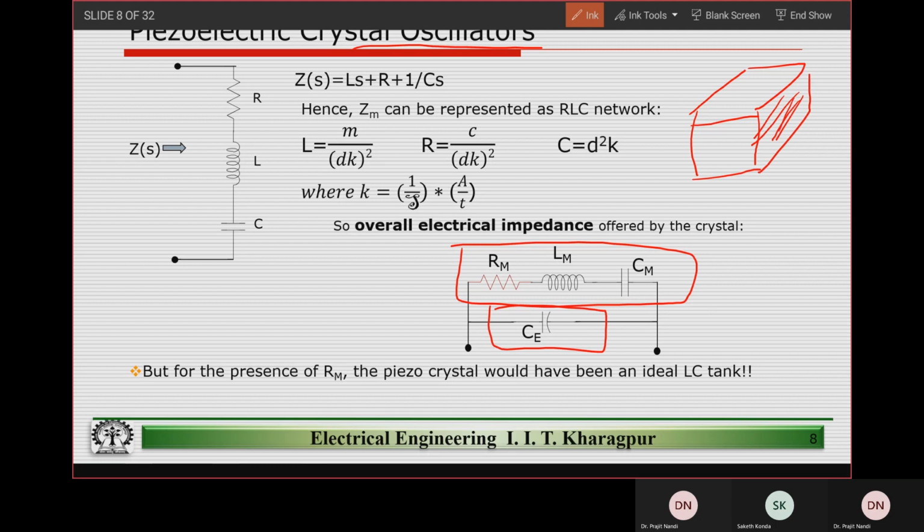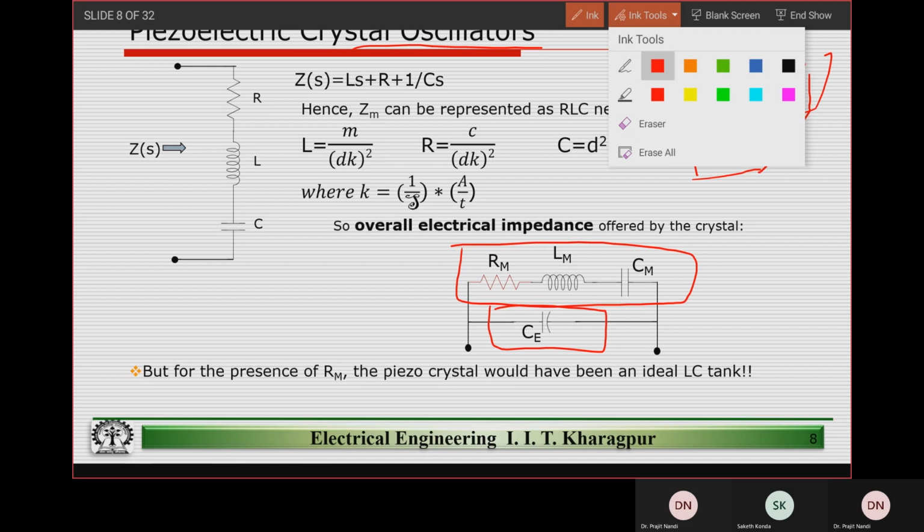Because the piezoelectric material sits across those plates, it also works as a dielectric. It also has a dielectric behavior. Because of these two parallel plates, we get an effective electrical equivalent of a capacitor, right? So this CE comes from the basic structure of the transducer.